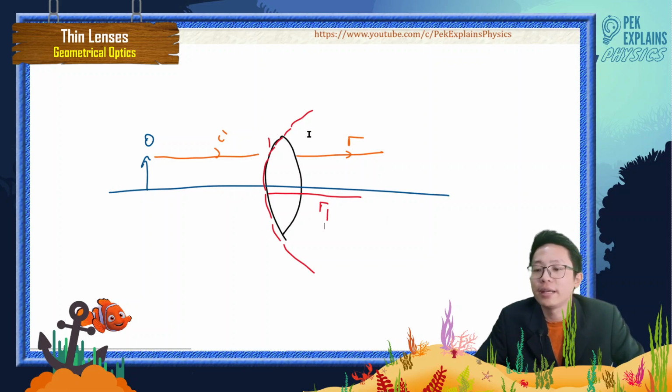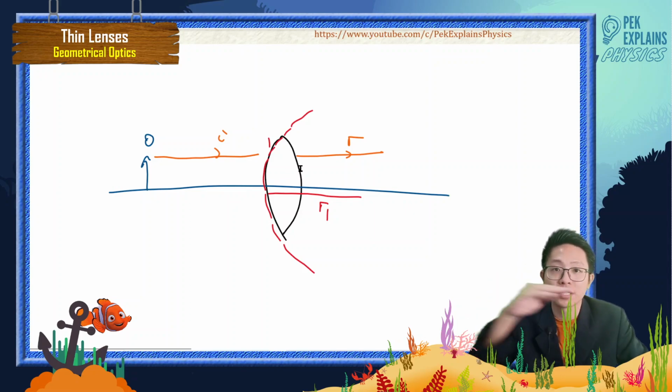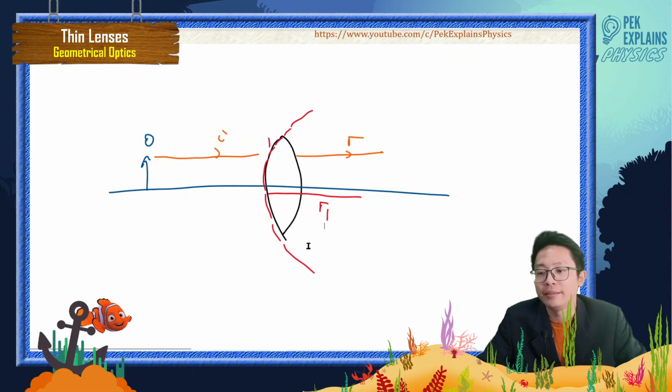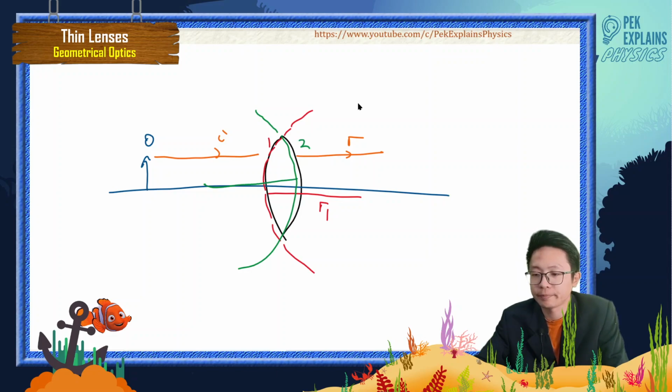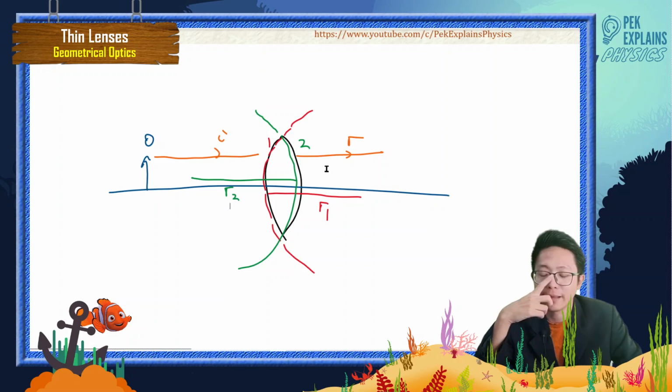And then the surface that the light goes out, it becomes the refracted ray. That one is the second surface. Over here, this is the second surface, and my R2 is over here. This is my R2.